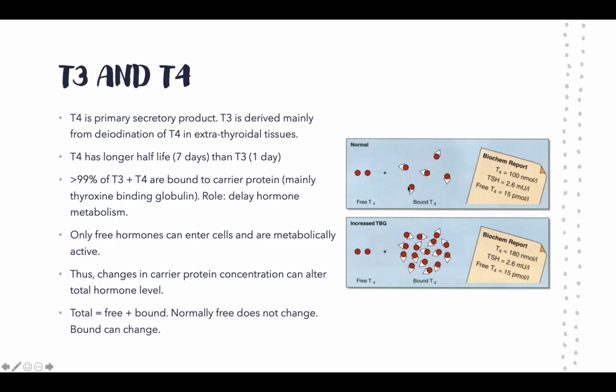And therefore, our body might need to lower our production of thyroid hormone so that less of it is bound and our free T4 can still remain the same. So normally our free T4 does not change, and it's our bound T4 that is going to be changing.